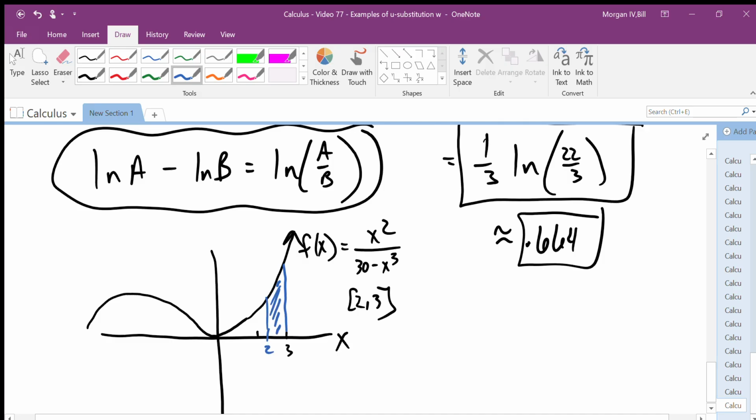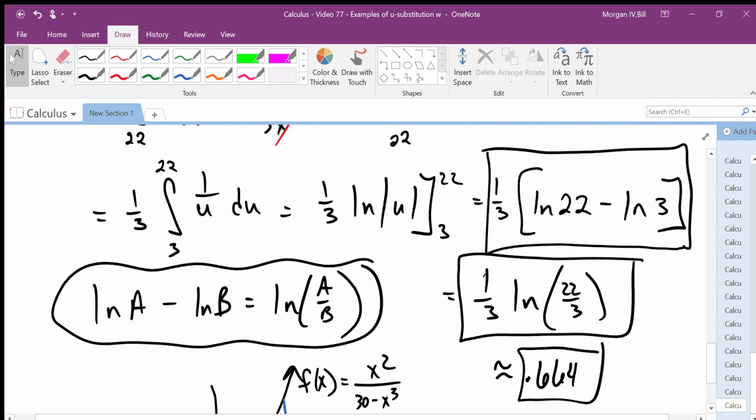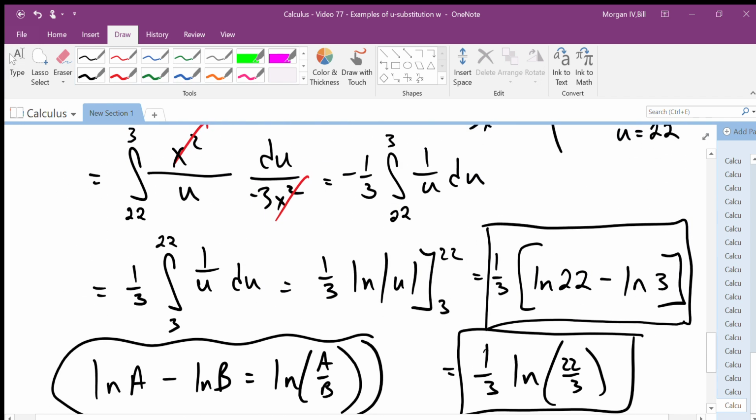Something like that. Using that equation, right about here is a great place to look. That transformed into 1/3 times the integral from 3 to 22 of 1 over u.